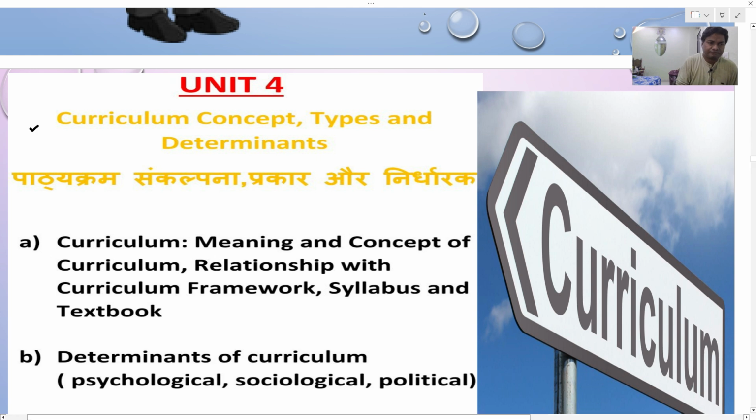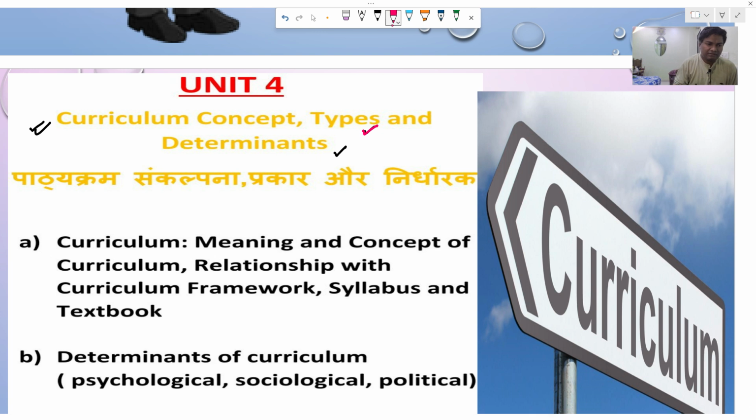Now we are discussing the curriculum concept: concepts, types and determinants. In this category we will discuss the meaning and concept of curriculum, its relationship with curriculum framework, syllabus and textbook.